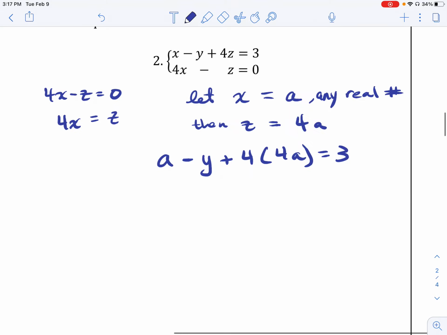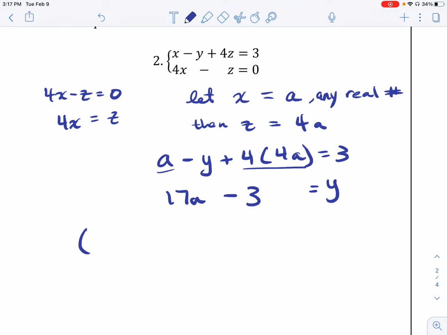So just to isolate y, we can say y is equal to, let's see, that's a plus 16a, that's 17a minus 3. So we would write our general solution as x is a, y is 17a minus 3, and z is equal to 4a.